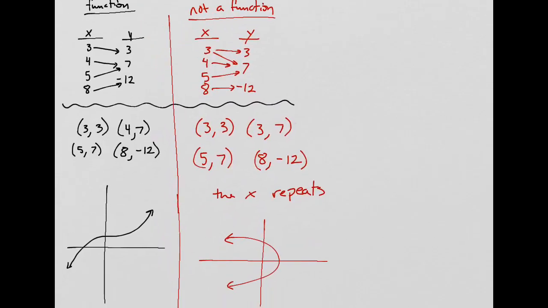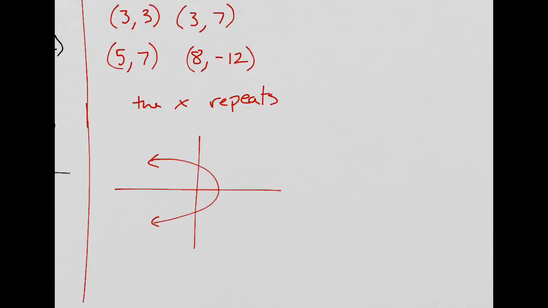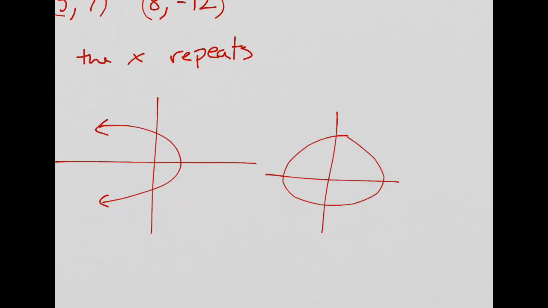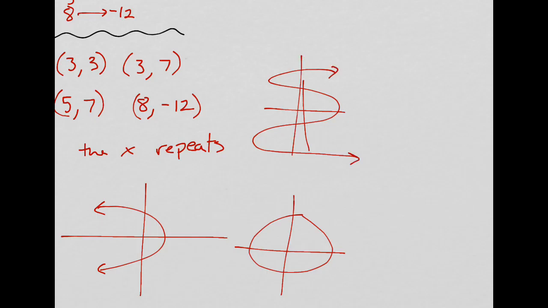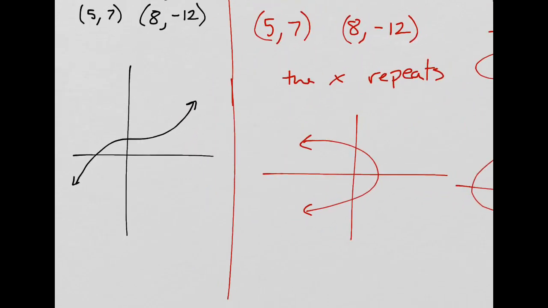Again, the left side is a function, the right side is not. Something else that's not a function, well, it crosses 1, 2, more than once. Something else that's not a function, maybe something like this. It's not 1, 2, 3, 4. It's not a function.